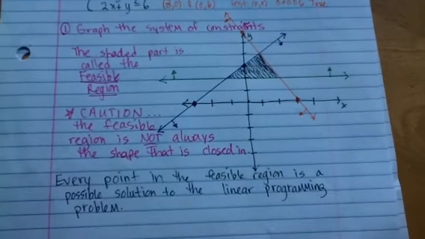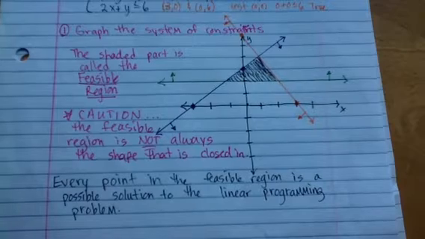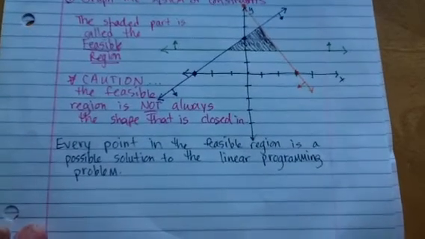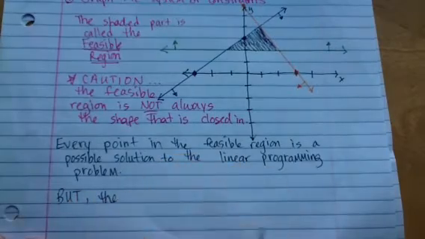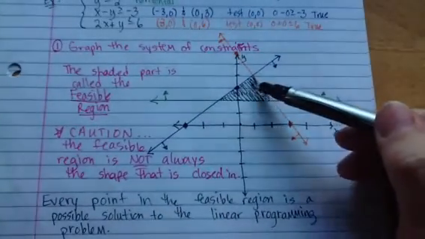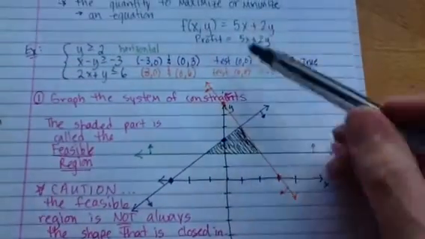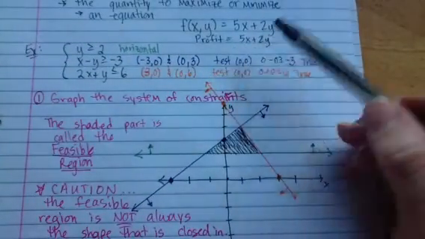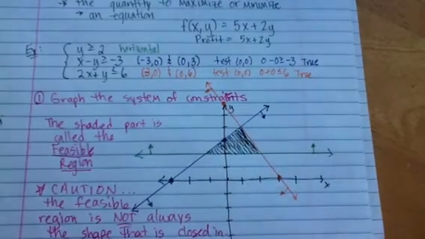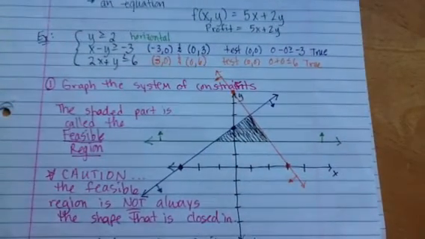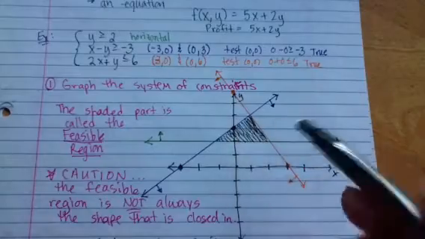But remember that with our objective function, that's what we're trying to maximize or minimize. So what we could do is test every single point in here by substituting it into our profit or our objective function and see which one would give us the highest profit. That would take us forever because there's an unlimited number of points within that region.